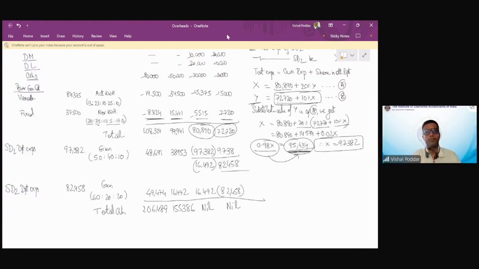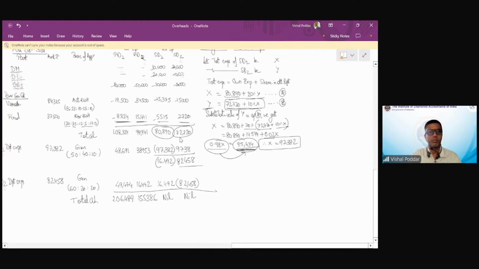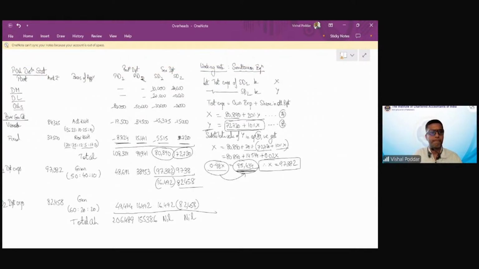Deepak, go ahead. Sir, we calculated the value of service department 1, right? The expense of that. Don't we have to add 10% of service department excess value as per the equation B to calculate service department 2's expense?